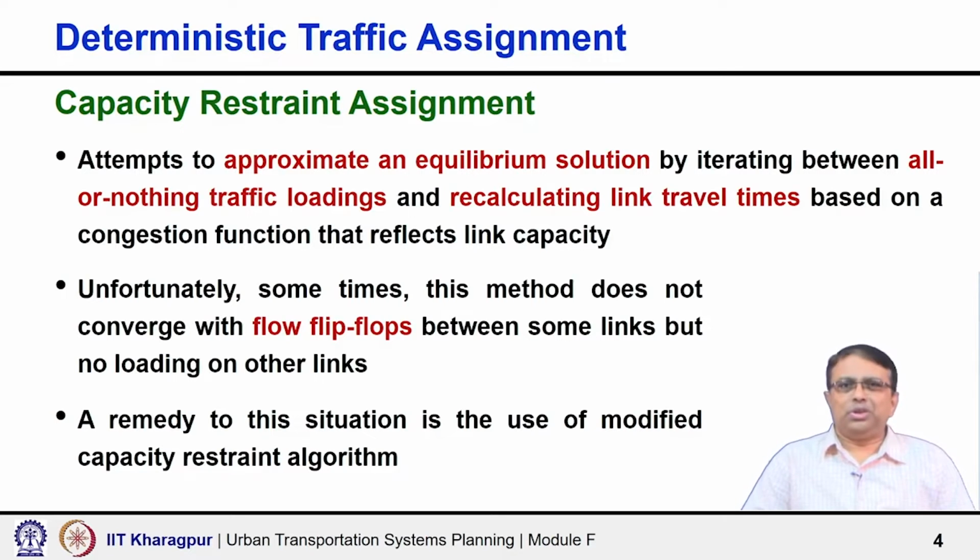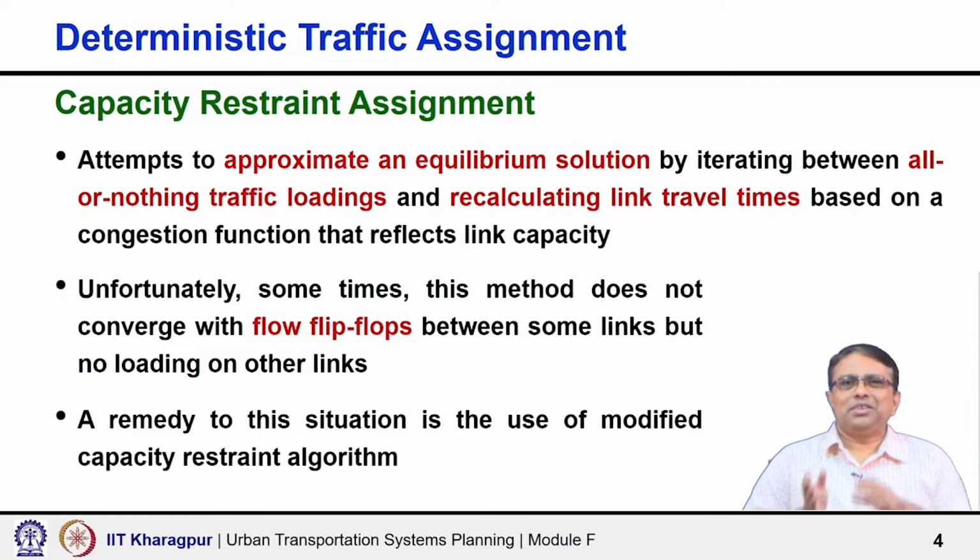Now, unfortunately, when the capacity restraint assignment was developed initially, it was realized that sometimes, not always, this method does not converge. Why? Because it results in a situation where flow flip-flops may occur.